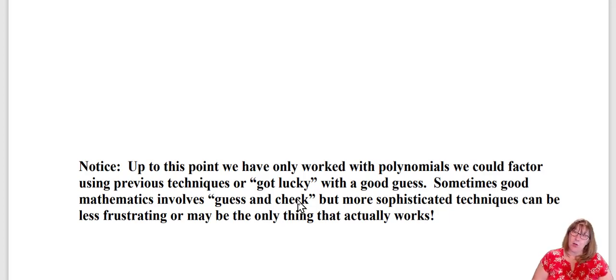But that could be very frustrating because there could be a million different things that we try and none of them work. So we'd like to have some more sophisticated methods for what we should guess. And we do have theorems that help us with that. So that's where we're going to be going from here, to the idea that I don't want to just guess random things because I could guess a ton of them. So hopefully we'll get some good logical guesses. So stay tuned for that.